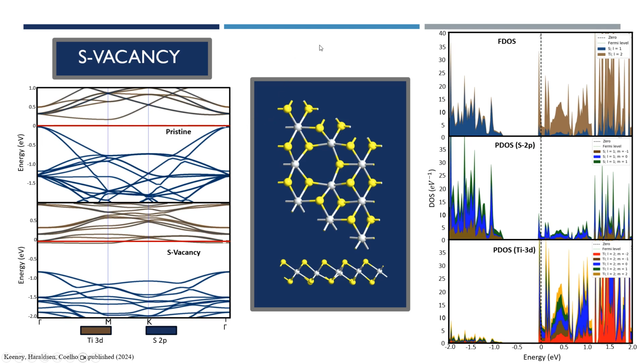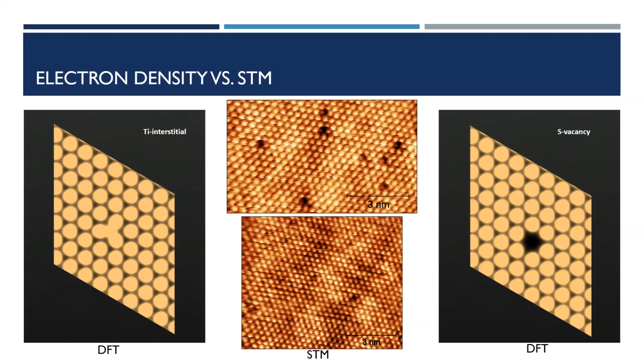And these make sense given that in both scenarios you're increasing the ratio of titanium to sulfur. And we know that titanium is going to be more conductive overall. And as such, it makes sense that these would transition from semiconducting regions to metallic regions, just based on the shifting of those ratios.